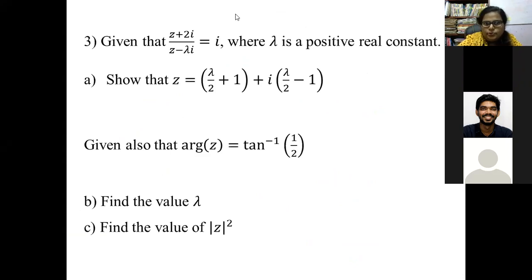In the first part you have to show that this result is z. So you know that in this expression we have z in two positions. So we have to show that this z can be written in this format.